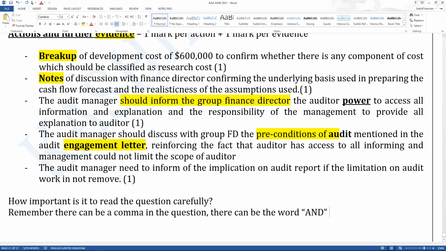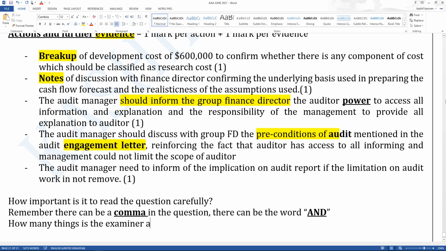And how many times does the student overlook the comma, or overlook the word and? So you need to read the question carefully to see how many things the examiner is asking you to do. Then only you can write a complete answer.